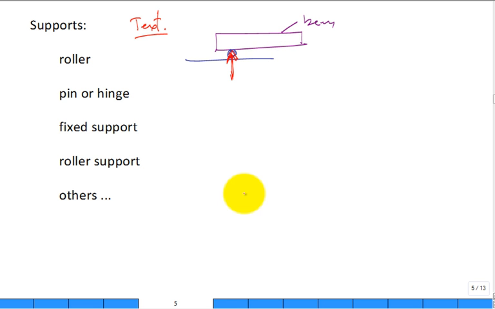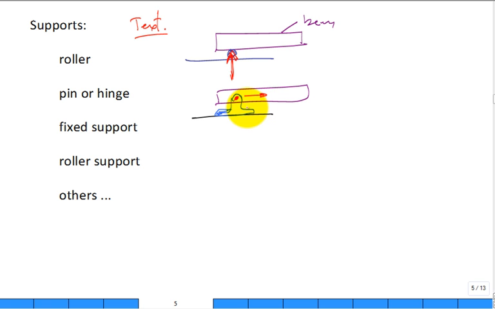So, okay. But you could have a pin or a hinge. Well, here's our floor maybe right here. And we have our beam or some object, some body. And then we have something that goes like this. Like that. And right in here, it's pinned. Well, what does that pin support do? It prevents this beam or body from moving to the right.